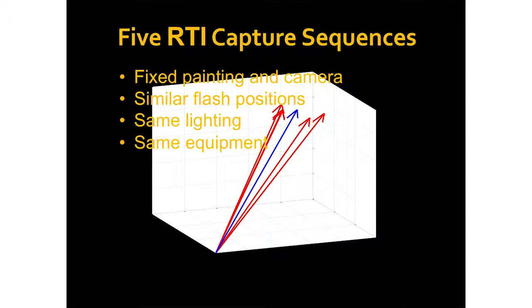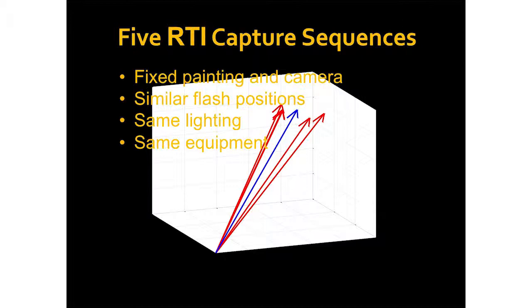So we tried to minimize all change. The painting was fixed, the camera was fixed. We altered the capture sequence to really minimize the different positions of the flash. When you do an RTI, you have to change the light source 60 different times.